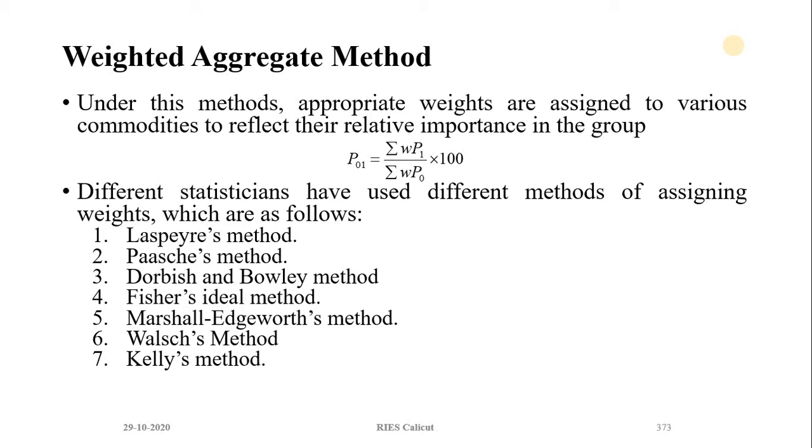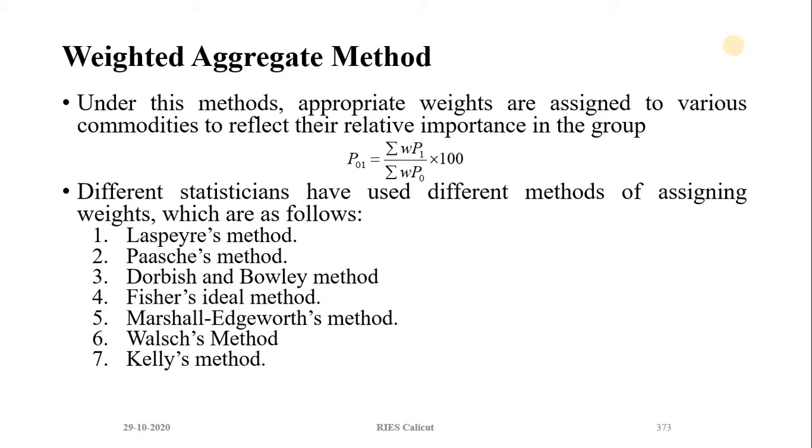Whether you will take the quantity of purchase made in the base period or the quantity of purchase made in the current period? So which one will you take as a weight? Regarding this, among different statisticians, there are certain debates. Different statisticians have used different methods of assigning weights.